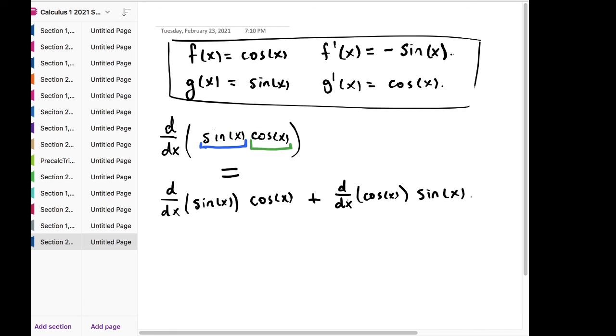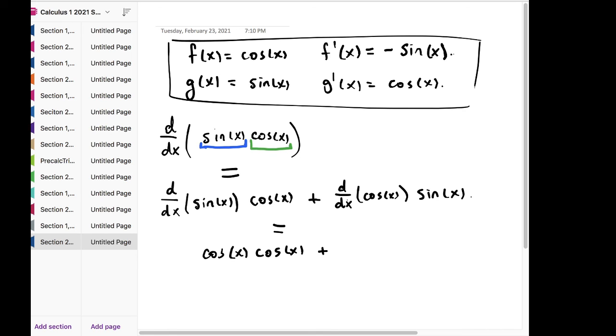Okay, so now just plug it in. The derivative of sine is cosine, and then cosine. Oh sorry, the derivative of sine is just cosine.